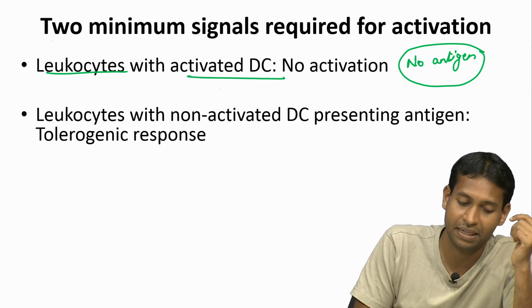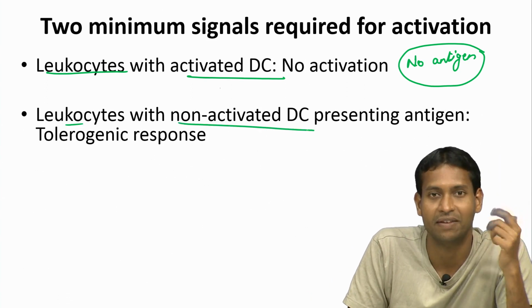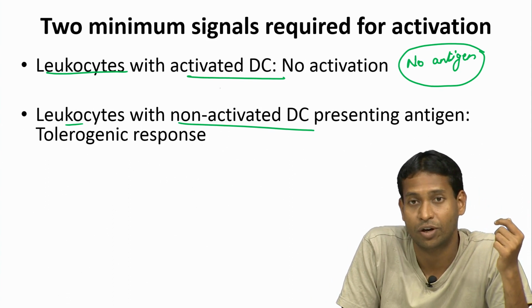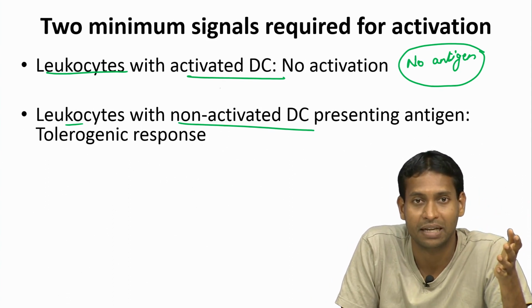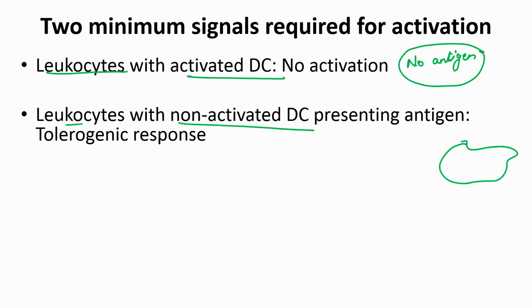The other thing that can happen is a leukocyte is presented with a non-activated dendritic cell having some antigen. Not sure why this antigen will be there, but let us say a DC has an antigen that is being presented, but it is giving no other signals, it is a non-activated DC, and we will talk about how an activated and non-activated DC differ.